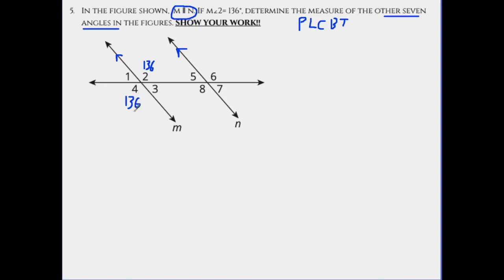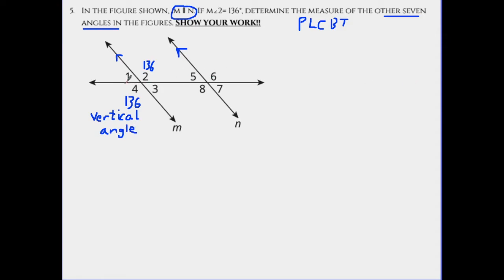And it says to show our work. So if I'm showing my work here, I could write vertical angles. And that would be a good way to show that. And we can write the word vertical angle here. All right.